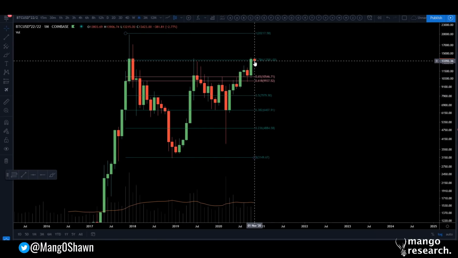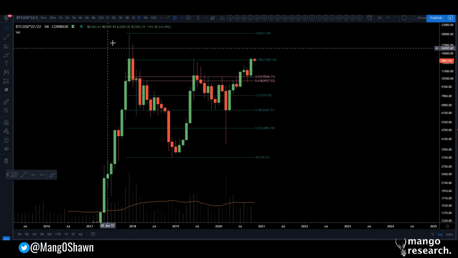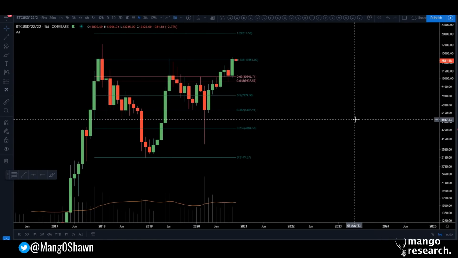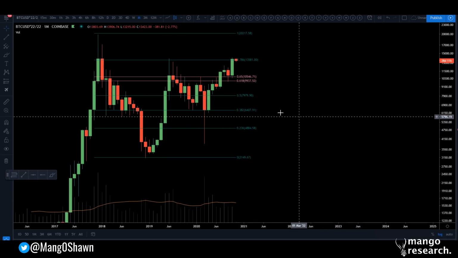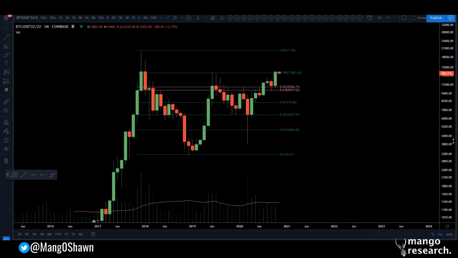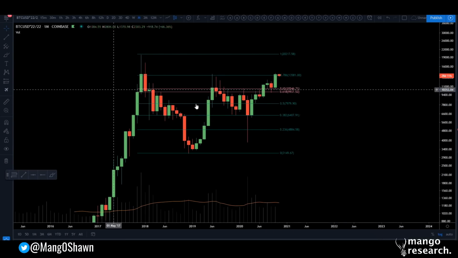We have a really nice candle close in the monthly, but we are sitting up against the 0.786 Fibonacci level as resistance. Of course, you know how I like to use fibs. I use them more as a zone level, just as a guide. I don't play them as my core, but when it comes to macro analysis, they do give good levels to keep an eye on. It's very simple to use.